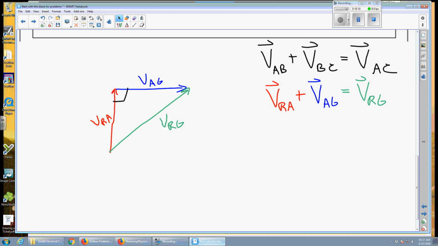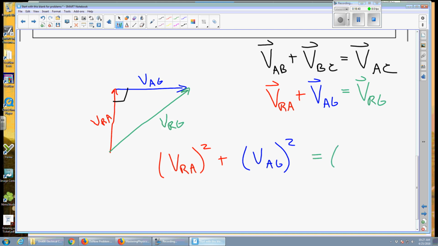And to find the magnitude of the green vector in a right triangle, that's the hypotenuse. So I have to use my friend Pythagoras' ideas, which says that the speed of the robin to the air squared plus the speed of the air with the ground squared equals the speed of the robin to the ground squared.